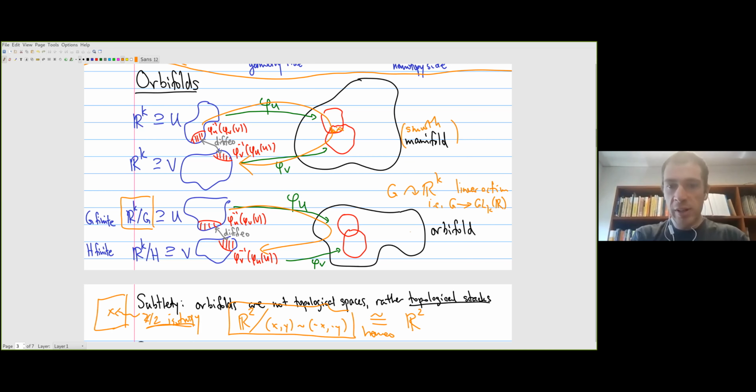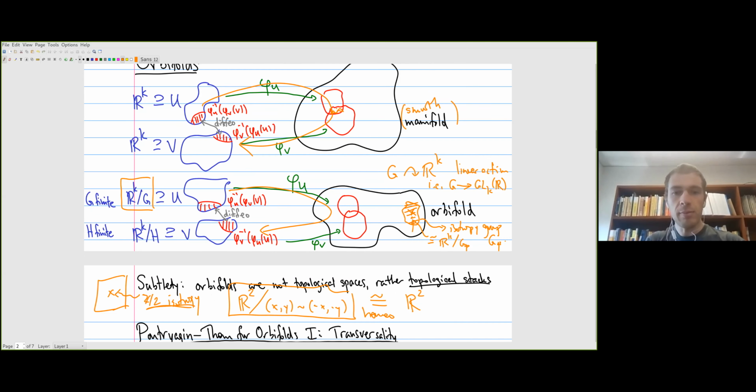So at any point P of an orbifold, you have an isotropy group G_P, which is a finite group, and moreover, there's some open neighborhood of P which is isomorphic as an orbifold to R^k modulo G_P for some k-dimensional real representation of the finite group G_P.